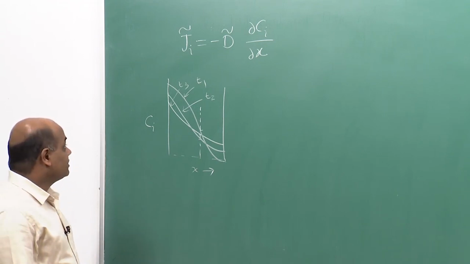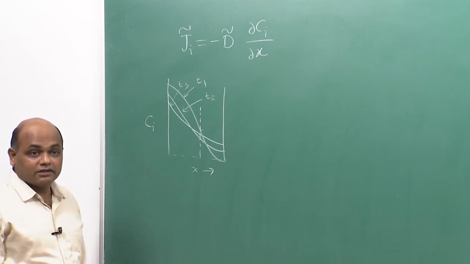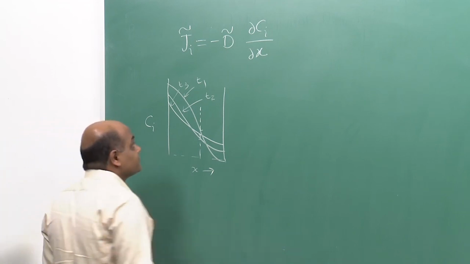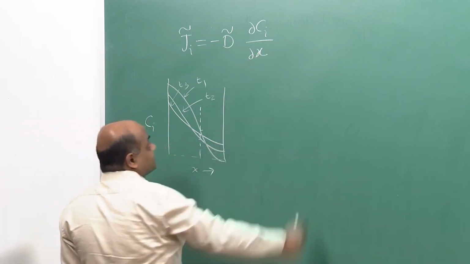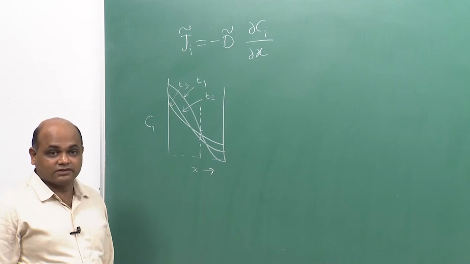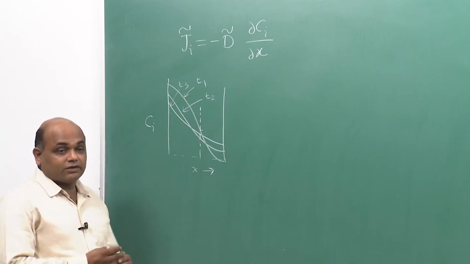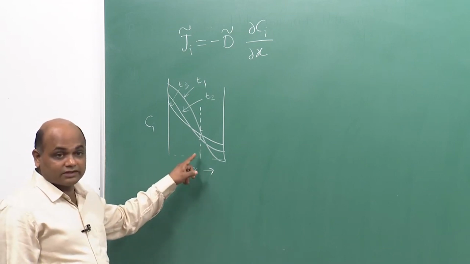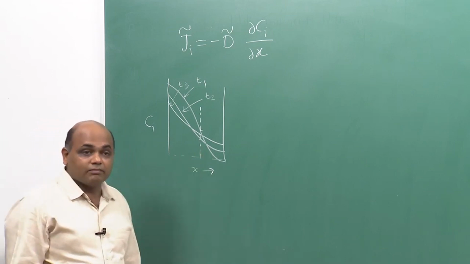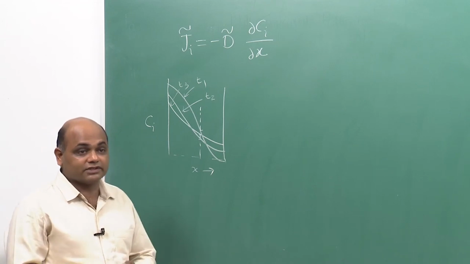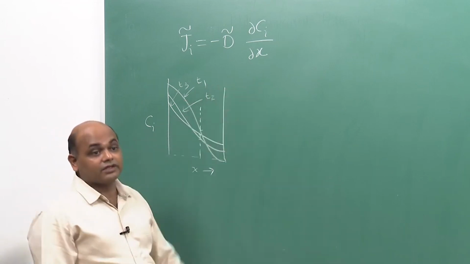Now, you will see one of the limitations of Fick's law here, that it talks about concentration variation with respect to x, but it is not explicitly talking about concentration variation with time. So, if you want to predict the evolution of concentration, this equation alone cannot be used.